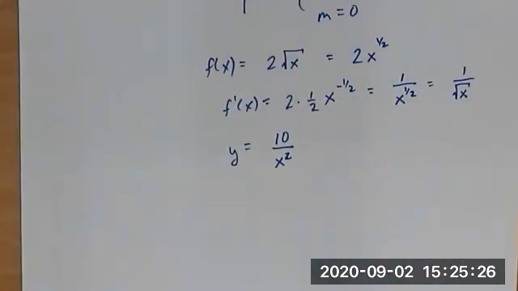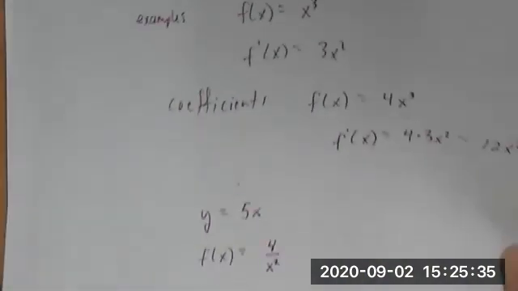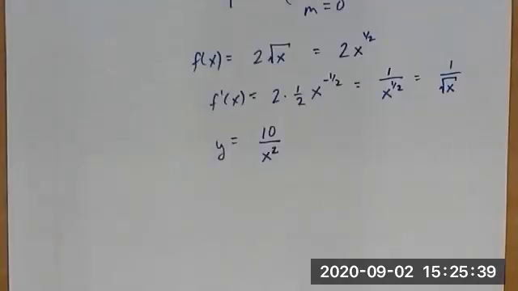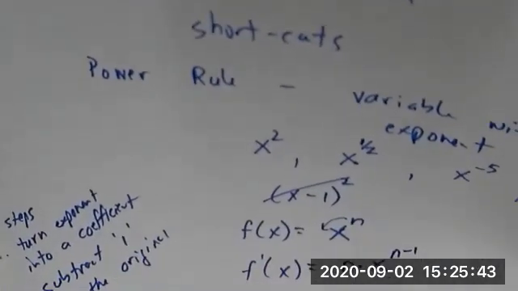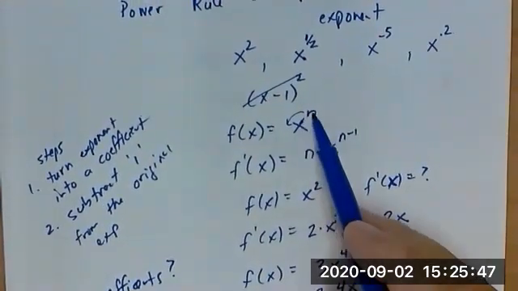How about this? Y equals 10 over x squared. Well, the power rule really is written when you have, oops, those aren't my notes. I wrote down the original definition of the power rule. It's x to the n.